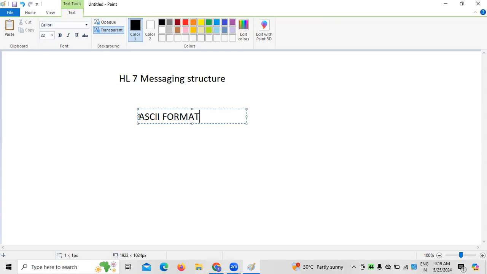This is essentially required whenever we are working on HL7 messaging, especially when we are trying to understand this in the role of a business analyst or as professionals in the healthcare environment.